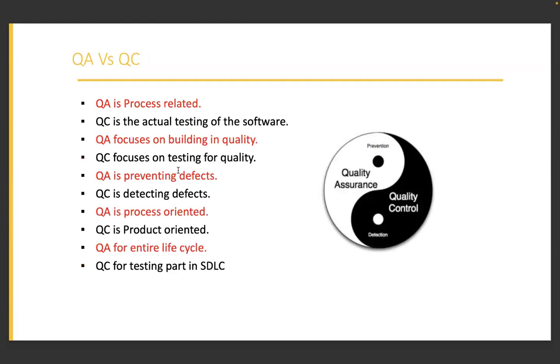What is the difference between QA and QC? You will understand this with this diagram, guys. Quality assurance is more of a prevention technique, whereas quality control is a detection technique, guys. Okay. So when I say quality assurance, you are trying to prevent issues from coming. So in case of quality assurance, we will be more focused, more dedicated towards the documentation part, guys. Okay, that's what I told, right?